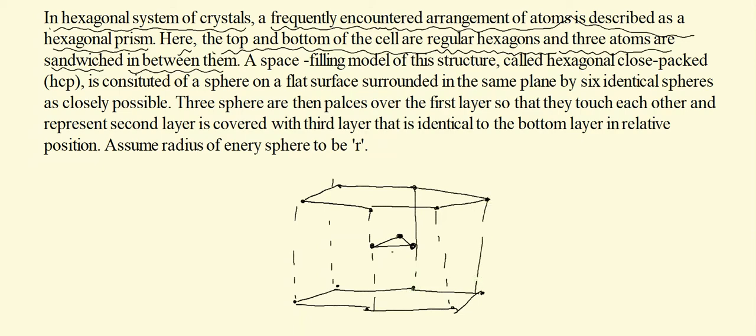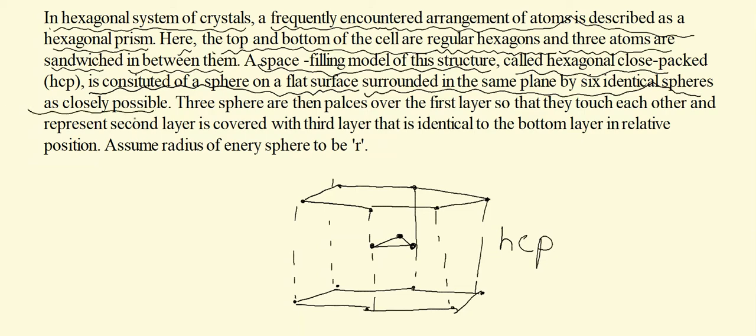You have studied this in your solid state chapter also. A space filling model of this structure is called hexagonal close pack, known as HCP. It is constituted of a sphere in a flat surface surrounded in the same plane by six identical spheres, as closely as possible.